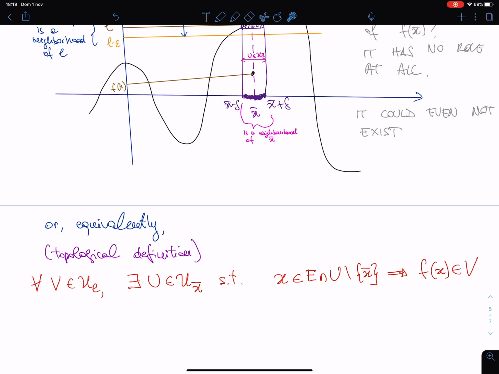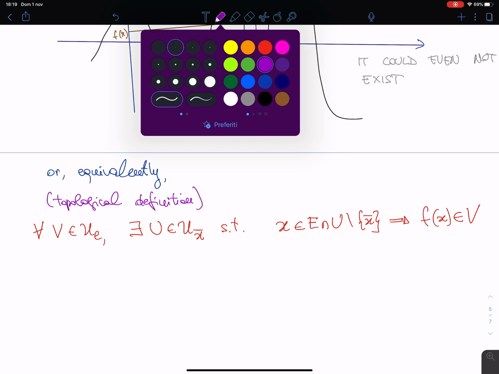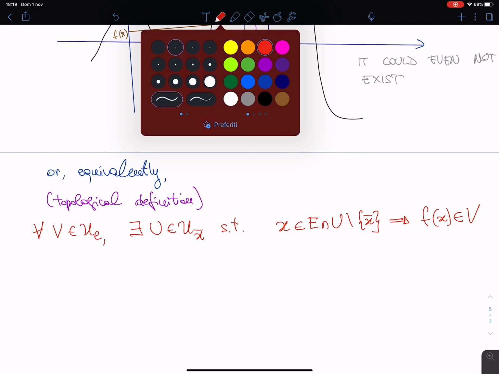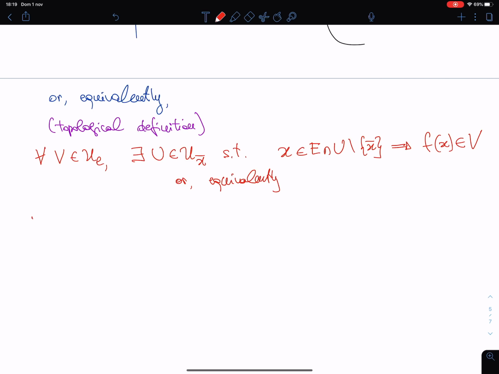It's much more simple, and we can also give it another form, which is probably the shortest one, in red here, or equivalently again. This is my favorite definition of limit.